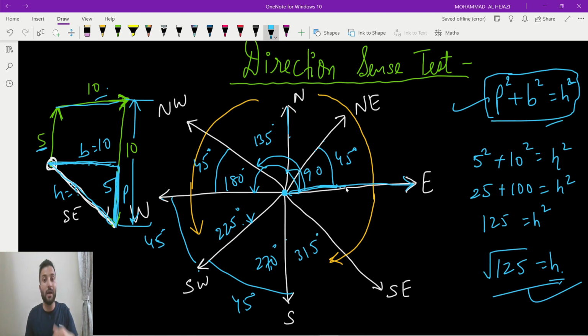Then again add 45, means 360 degrees. So every time you go 45 and keep adding: 45, 90, 135, 180, then southwest is 225, then 270, 315, 360. I hope you have understood till here. This is the concept for the direction sense test.